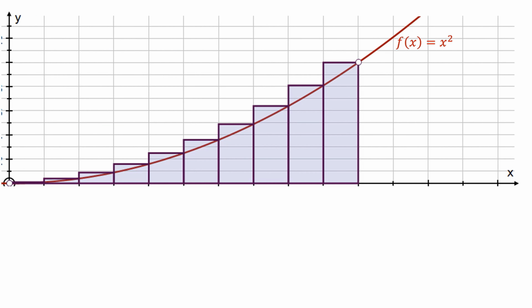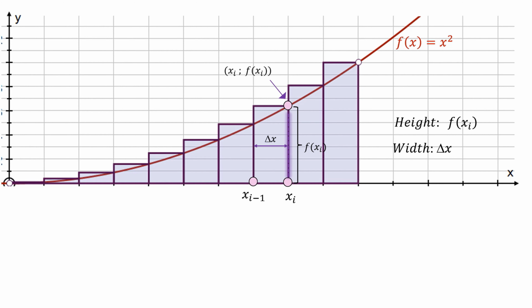You can also estimate the area underneath a curve by drawing in rectangles that overlap the curve, as is illustrated. If we take a point, xi, f of xi, then the height of the rectangle will be f of xi, and the width of the rectangle will be the difference between xi and the point directly before it, x sub i minus 1, which is the change in x, in other words, delta x.